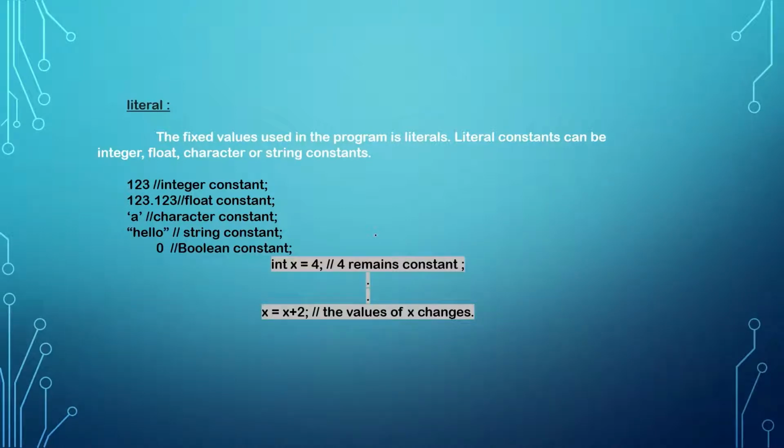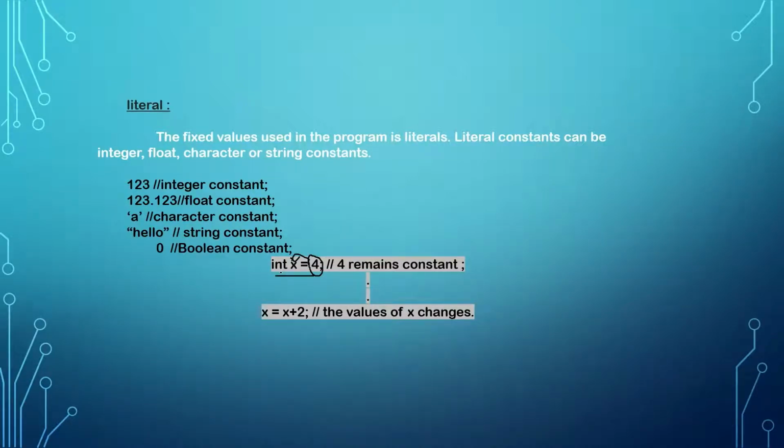Consider this example, int x = 4. Here we are assigning an integer constant to a variable of type integer. We can have integer constant, float constant, character constant, string constant, and boolean constant in our program. Simply, the values assigned to variables are said to be literals.